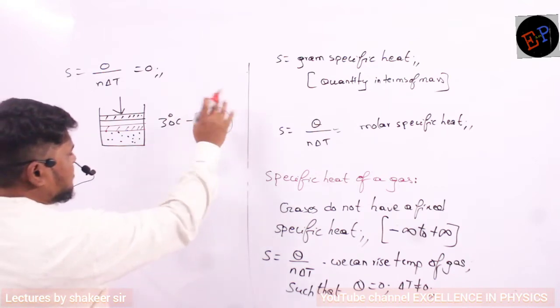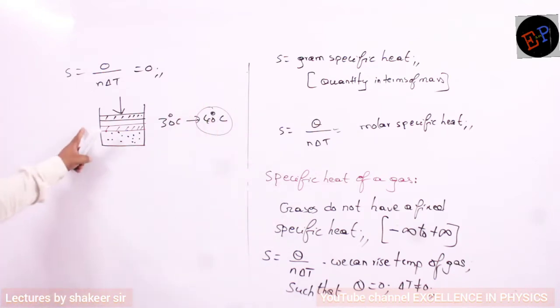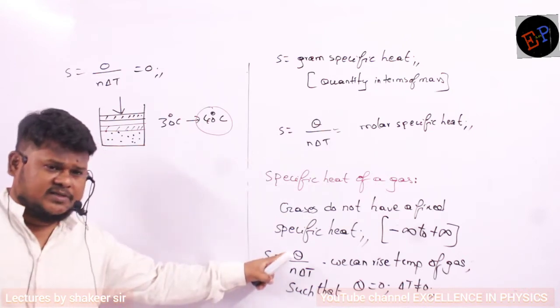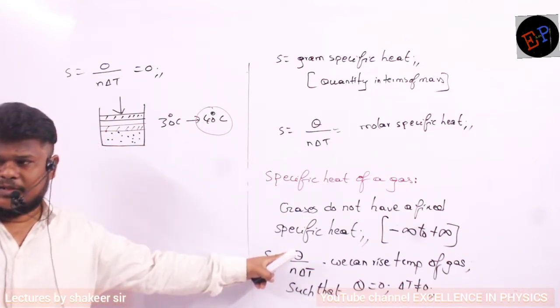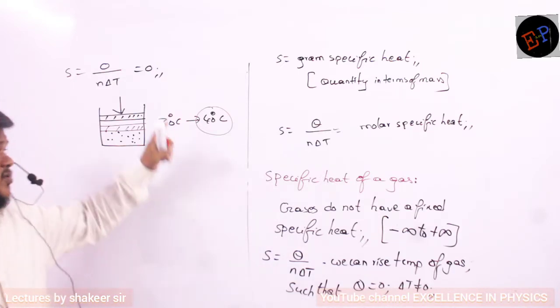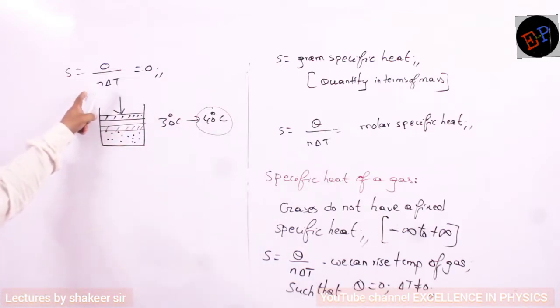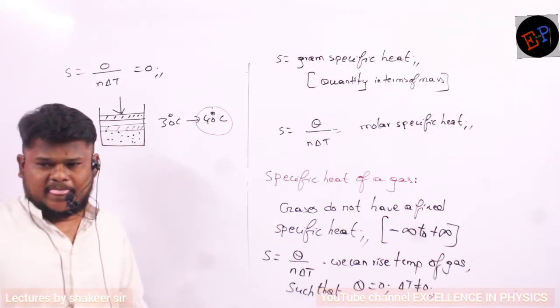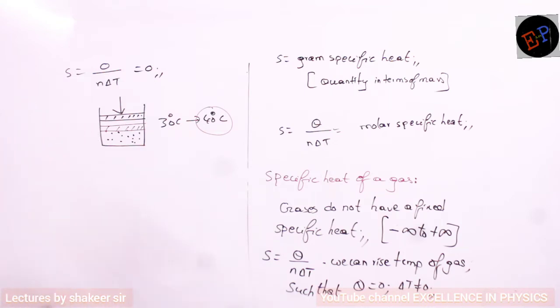Automatically, temperature of the gas increases. So definitely we are raising the temperature of the gas. But are we supplying heat energy? We are not supplying heat energy. But still we are raising the temperature. So in this condition, what is the specific heat? 0. So you can heat the gas such that specific heat is 0 also. Okay. Let us see one more method.